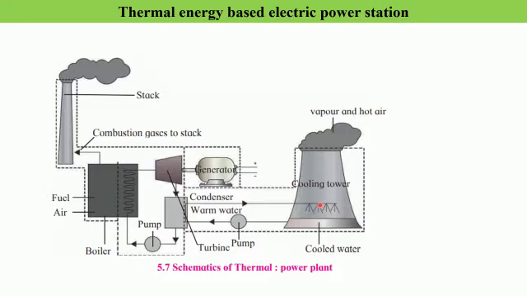Apart from this, it has got other important components like a boiler, then we have a turbine. So this is the turbine, then you have a generator and a condenser. So this is how they are arranged, the various components in a thermal power plant. Now we know that the fuel that is used here is coal, and that is used to heat water in the boiler.